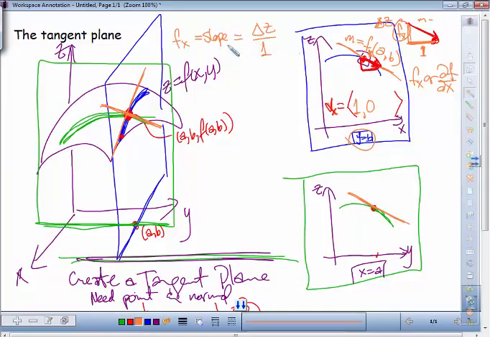So that means delta z must equal fx. And when I say fx, I actually mean fx evaluated at a and b. Okay? That was pretty deep. Does that make sense? We got one vector.